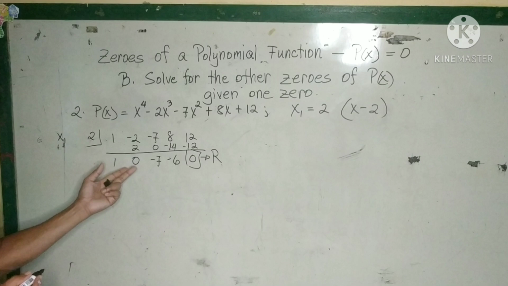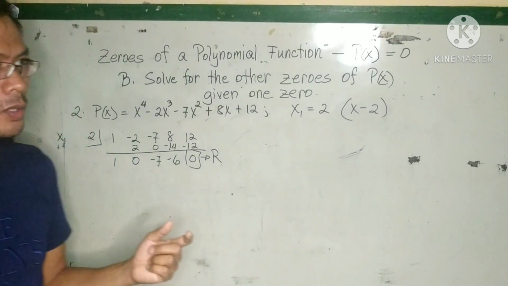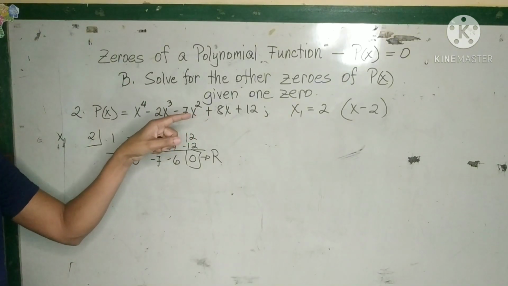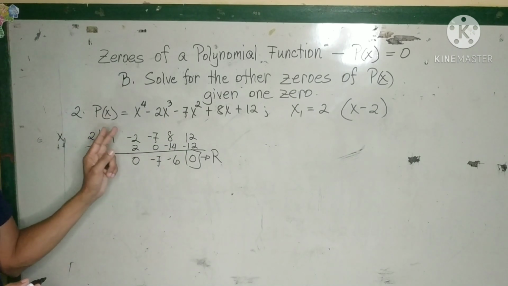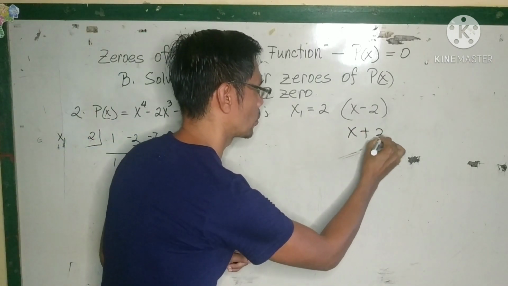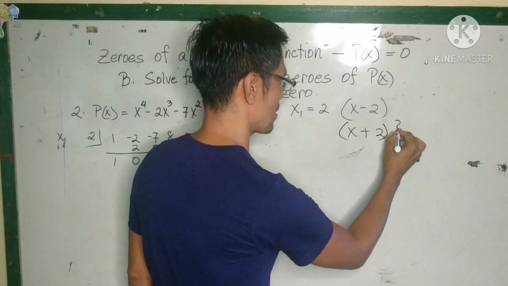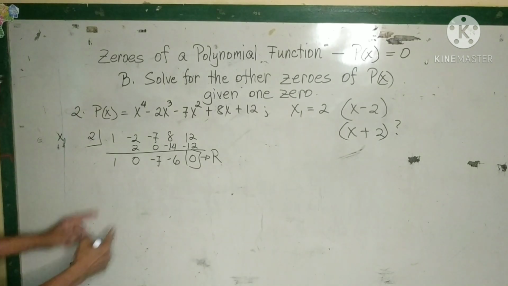How about if we are going to divide your p of x by x plus 2? So therefore our c is negative 2. So is x plus 2 a factor of this p of x? So let us try to find out.